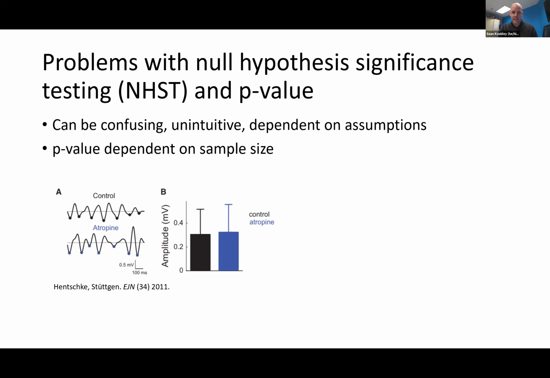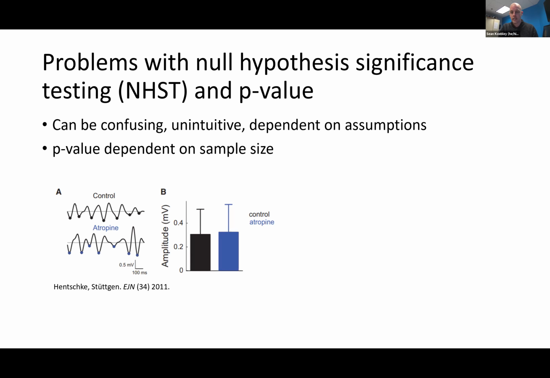And because it's just a single value, there's no other interpretation or additional context for a p-value. It can be difficult to see where that n comes in, or what the reference is for that. So here's just a quick example of this from a paper from 2011.